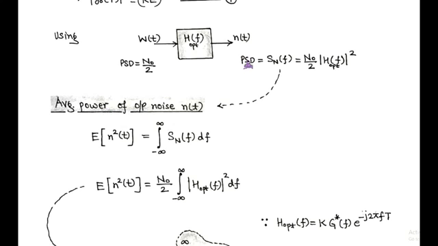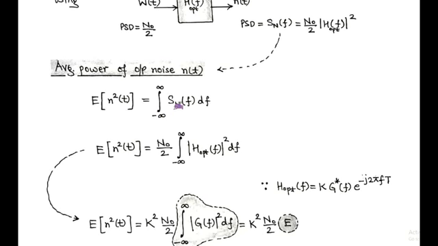Now, the average power of output noise N(t) is defined by the expectation operator, denoted by capital E, E[n square(t)], that is equal to the integration of Sn(f) df, taking limit f equals minus infinity to infinity.